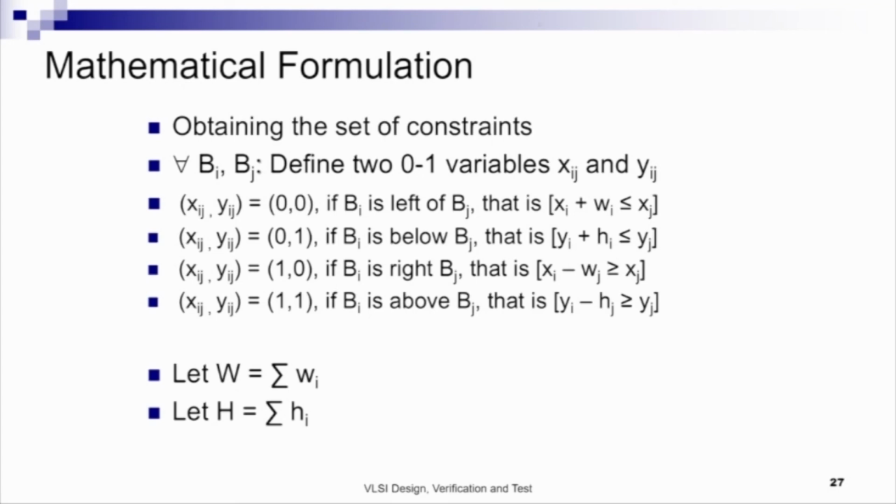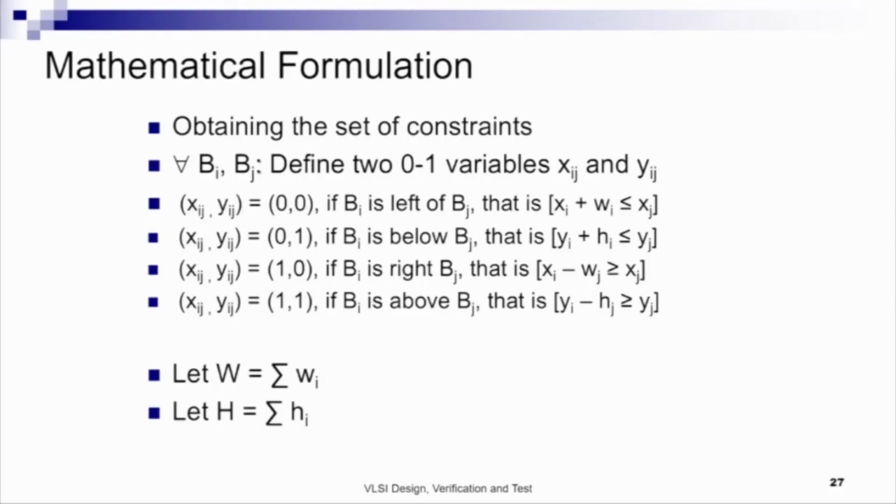Now, to obtain the set of constraints, we define 2 0-1 variables Xij and Yij for each vertex pair Bi, Bj. Xij, Yij equals 0, 0 if Bi is to the left of Bj.